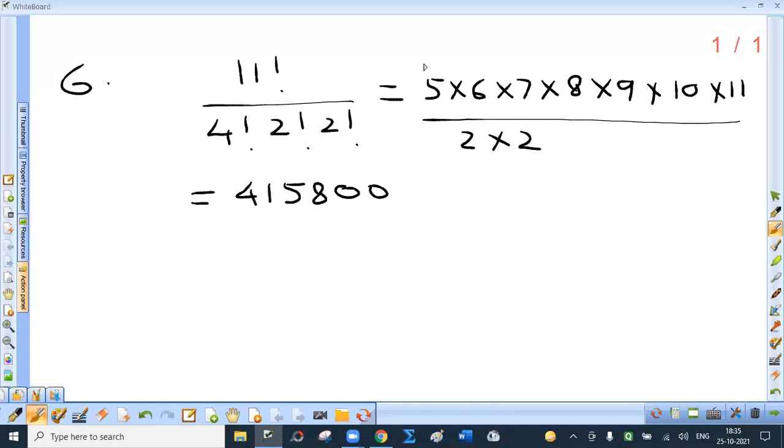Therefore, total number of distinct arrangements equal to, write down this, it comes out to be 4,15,800.